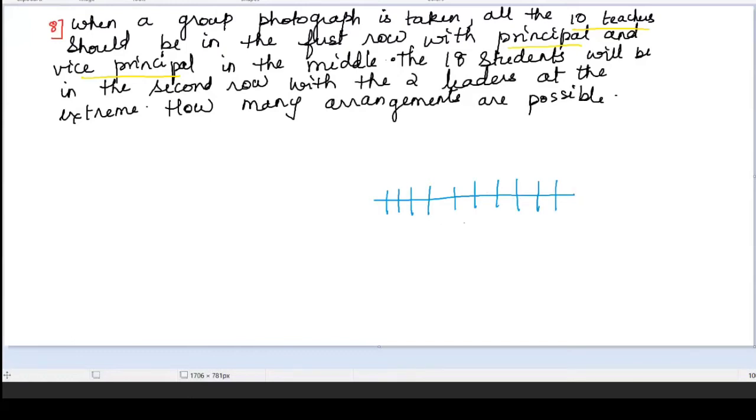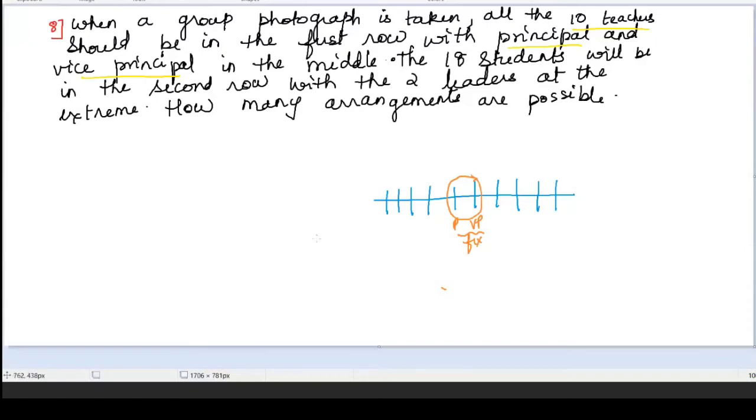So they have to be fixed. In the middle means, you just think they are fixed here. Check whether they are in the middle for this side and for that side. They are in the middle, no? Yes? Okay.